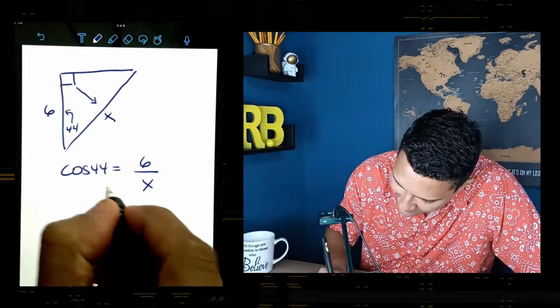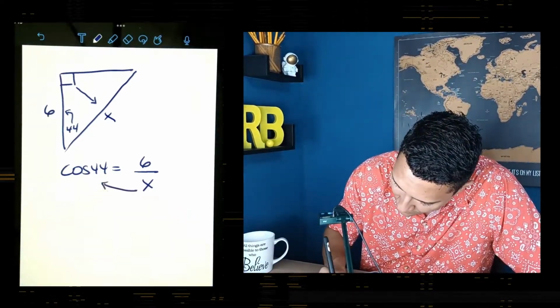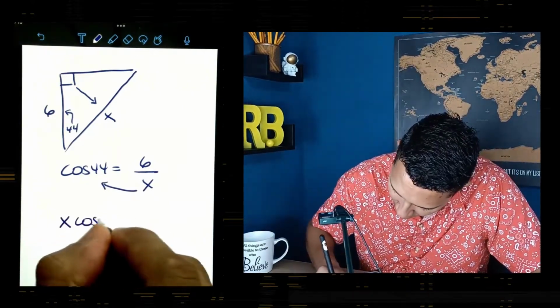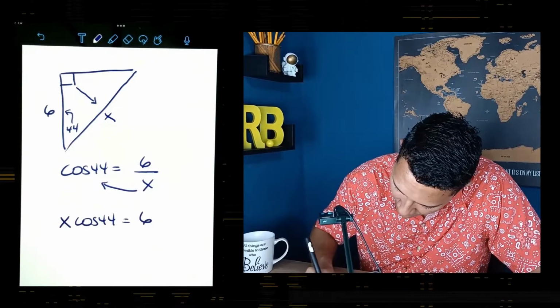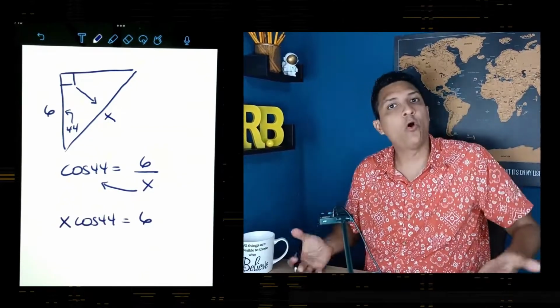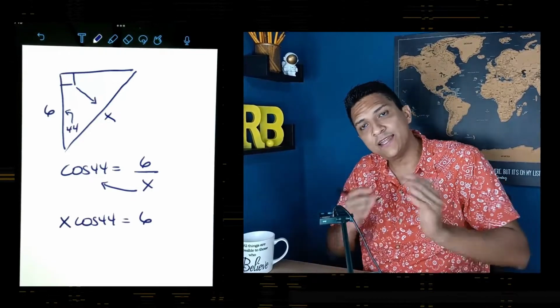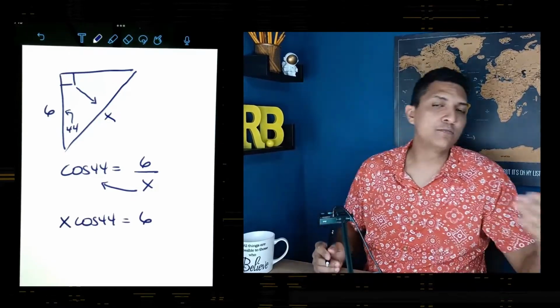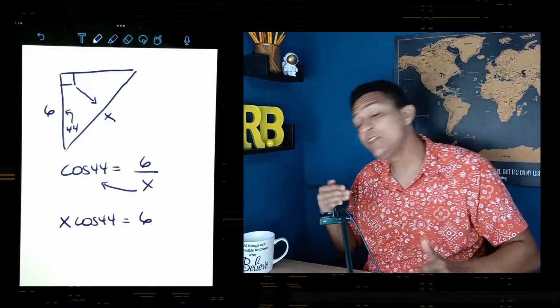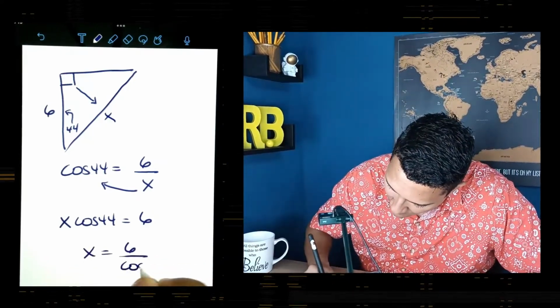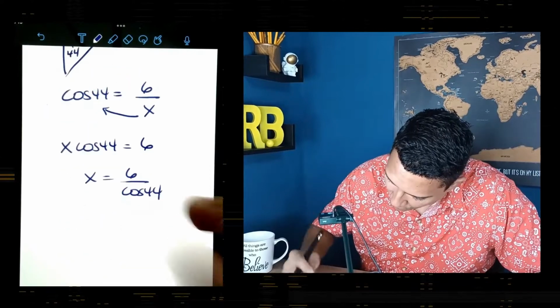First, I'm going to pass the x to the top, multiplying the cosine like this. And now, because my goal is to isolate the variable, I'm going to move the cosine to the other side. The cosine is multiplying the x, so it's going to pass doing the opposite, which is dividing. So 6 divided by cosine of 44.